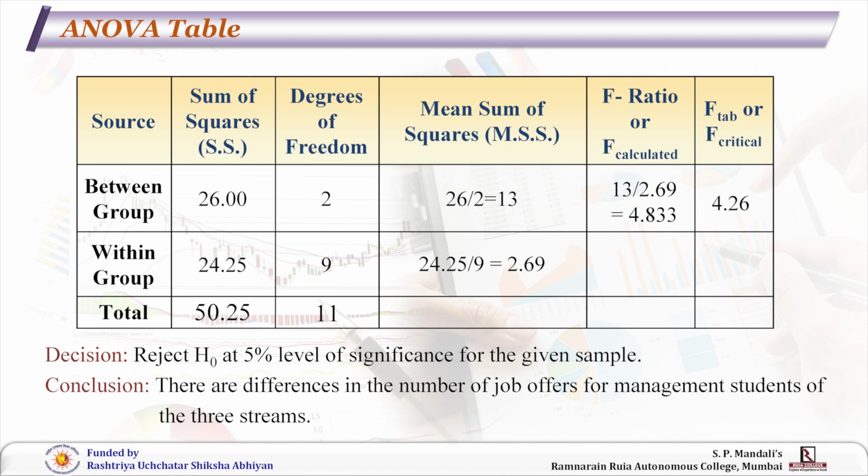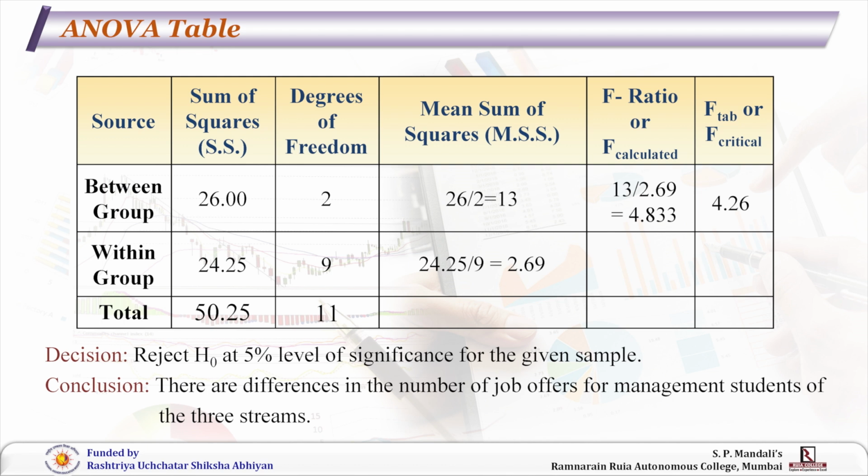Hence, the mean sum of squares will be 26 divided by 2, 13 for the between sum of squares. Within group it will be 24.25 divided by degrees of freedom 9, that is 2.69, and the F ratio will be 13 divided by 2.69, that is 4.833.